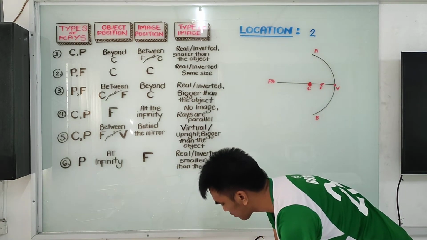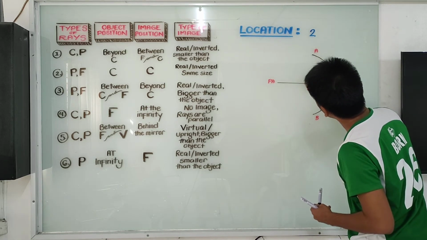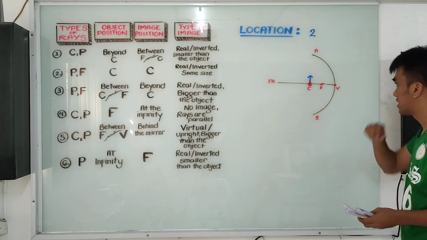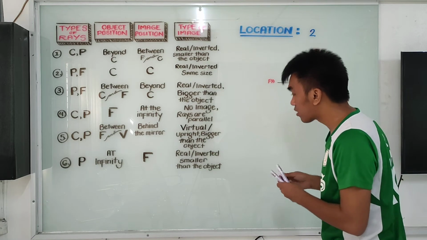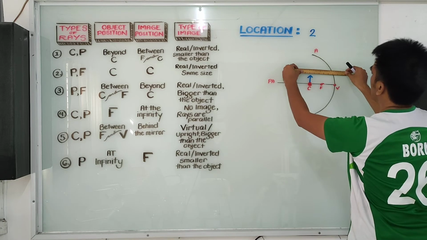So we are going to illustrate an arrow at the center of curvature, and again, just like what I mentioned earlier, the arrow represents the object. So we are going to use the principal and focal ray.